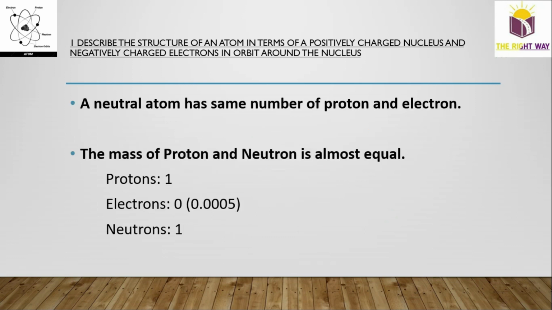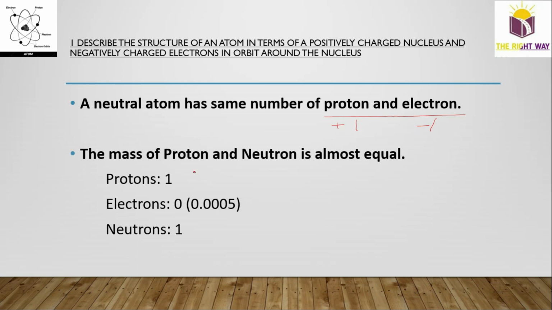Okay, here are some very important points. A neutral atom has the same number of protons and electrons, because the charge of a proton is +1 and the charge of an electron is -1. So if they have the same number of protons and electrons, they will cancel the charge of each other and the atom will be neutral.